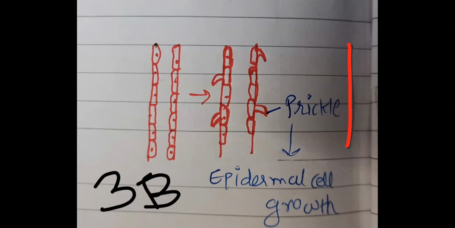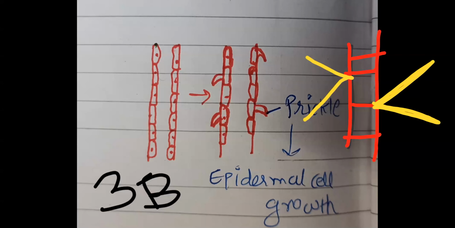So remember this one thing: actual thorns, the pointed structures that are formed, right, they do not arise from just the outermost layer of the stem. From the deep inside layer, this type of structure is formed.